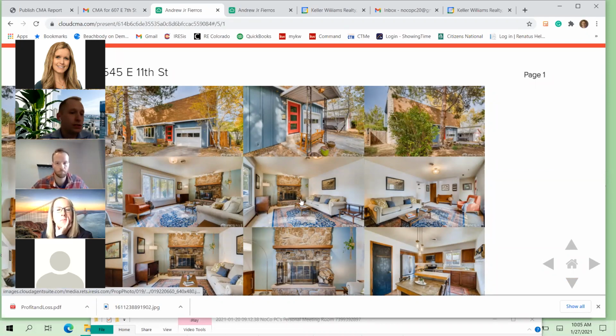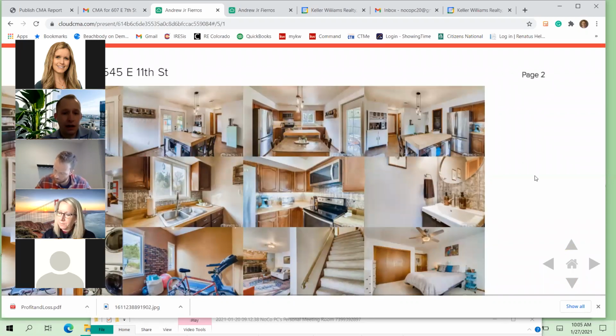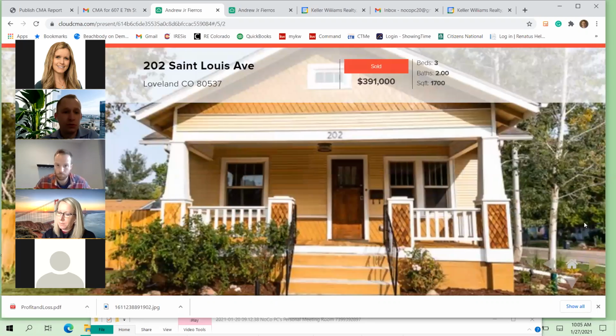So what I'd like to do is go through each home and I'm going to ask you how your home stacks up to these different properties. So we go through all the homes and what I'm doing is I'm asking, okay, Brady, on a scale of 1 to 10, how do you feel like your home compares to the interior of this home on 11th Street? And he's going to give me a number.